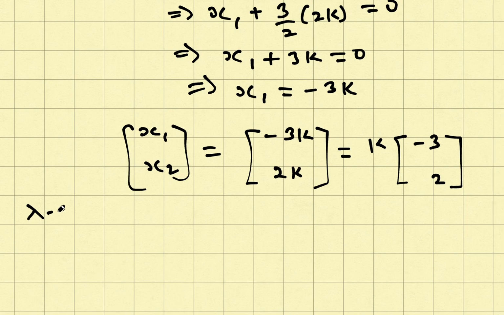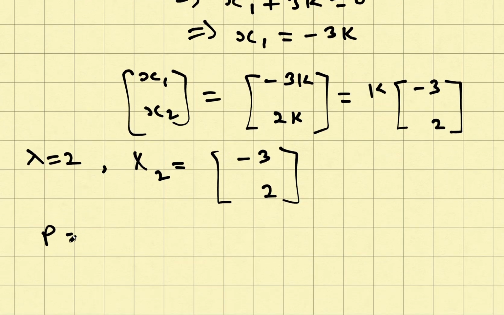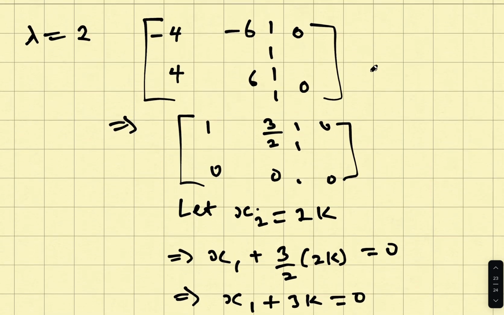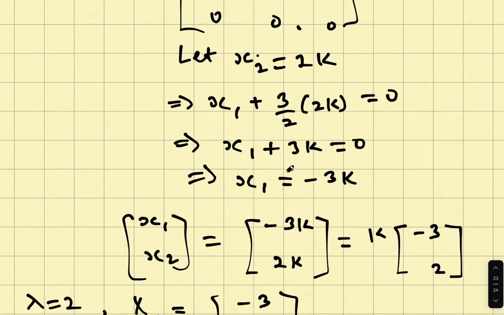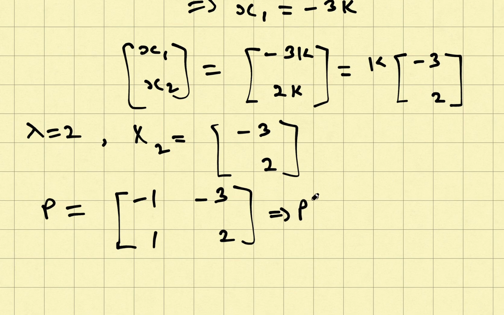For lambda equals 2, the corresponding eigenvector is negative 3 and 2. So what does that imply? That implies that our matrix P, that we need to diagonalize this particular matrix, is negative 1, 1, and negative 3, 2. And what does that imply? The inverse of this matrix.